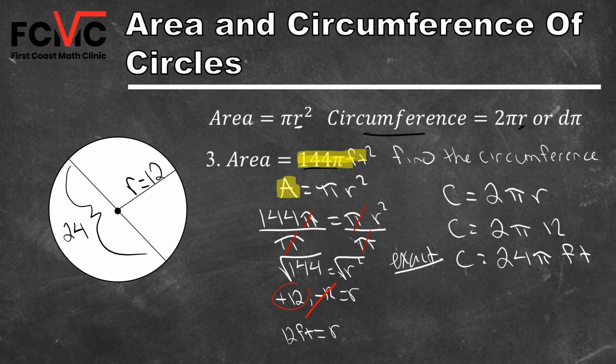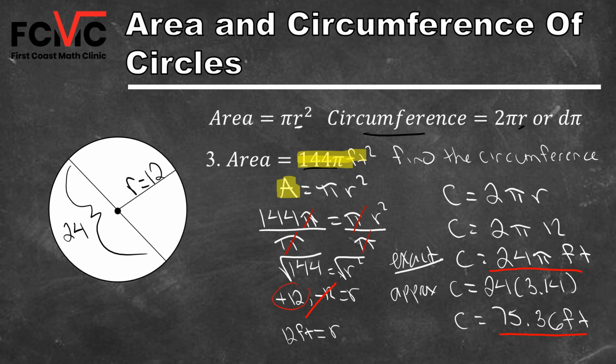If we want to find the approximate, you can take the 24, multiply it by 3.14, and we get 75.36 feet for our approximate circumference. Okay, so our exact circumference is right here. Approximate circumference is right here. All right, let's get into one more application example with area and circumference.